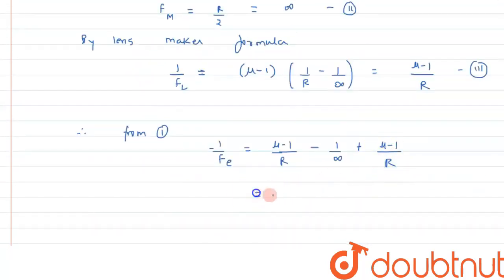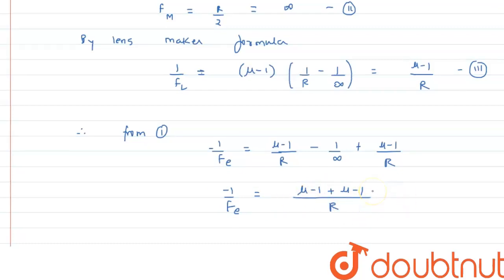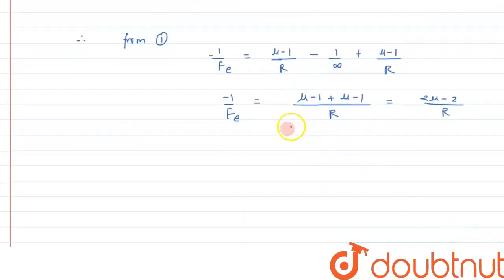If we solve this, minus 1 over Fe can be written as mu minus 1 plus mu minus 1 divided by r, so the result is 2 mu minus 2 divided by r. If we solve it further, the focal length equivalent Fe is minus r over 2 into mu minus 1, with r over 2 taken out as common.